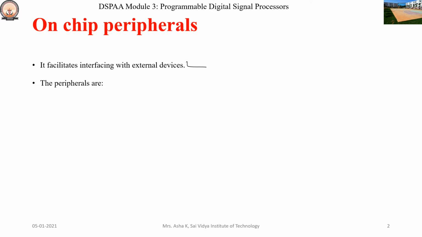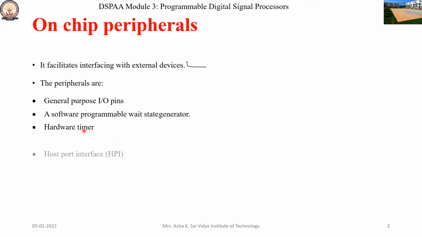We have peripherals such as general purpose input-output pins, a software programmable wait state generator, a hardware timer, and a host port interface. We also have a clock generator and a serial port as on-chip peripherals of the TMS320C54XX processor.